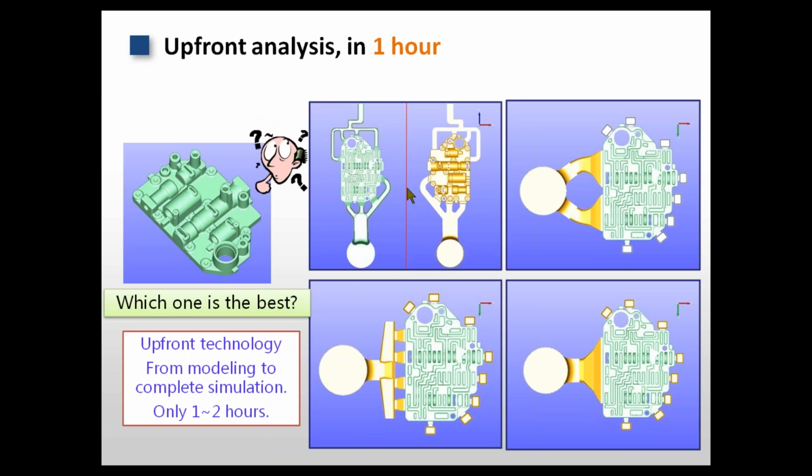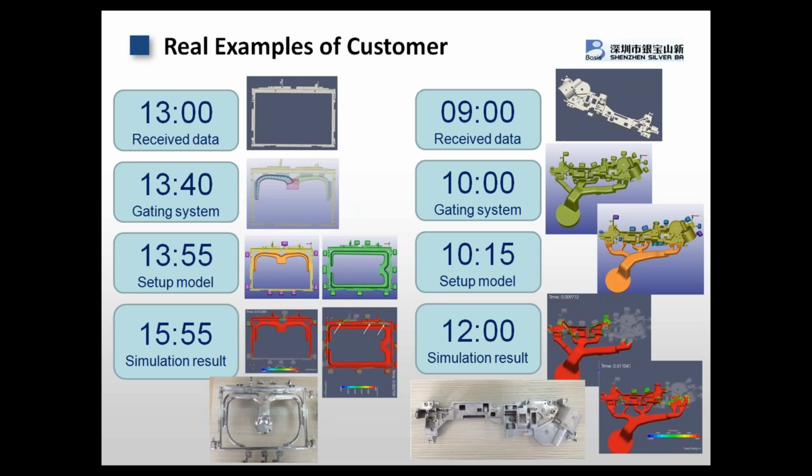This is another one. In this case, we needed to make a simulation in just 1 hour to find out which one is better among those 4 different plans. And here is a real case. How about the time consumed in a case like this?